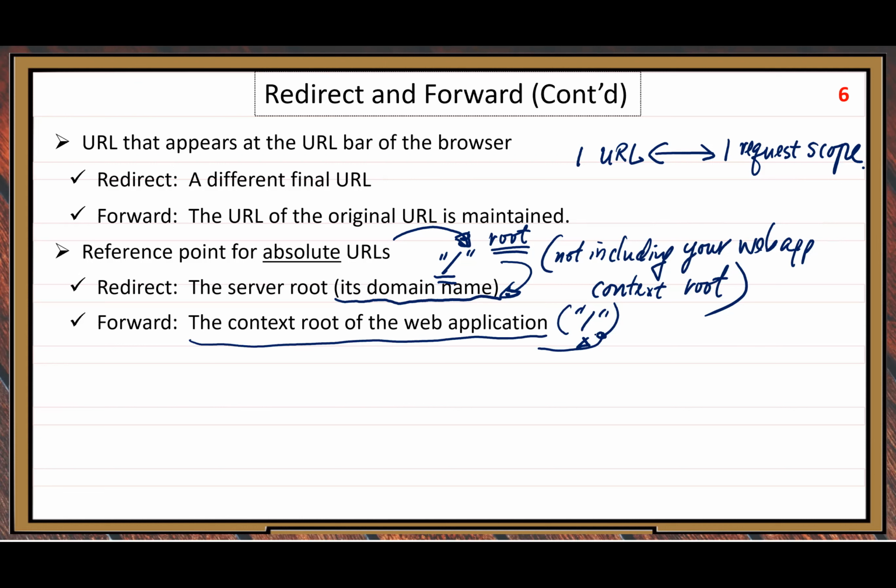So the context root is automatically included. See that difference? This time, that slash means you already include web app context root.